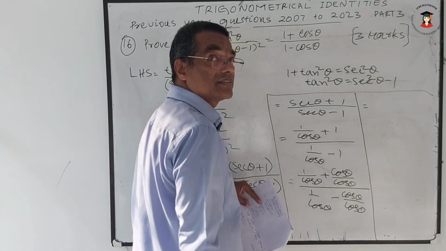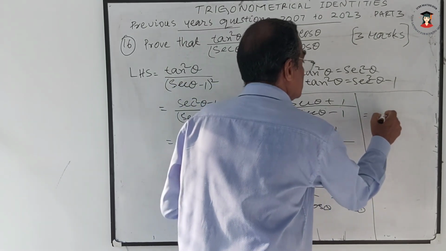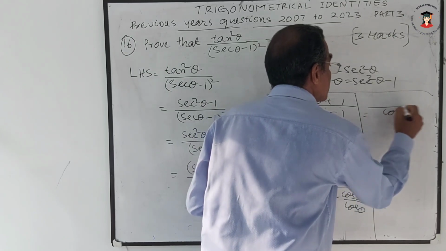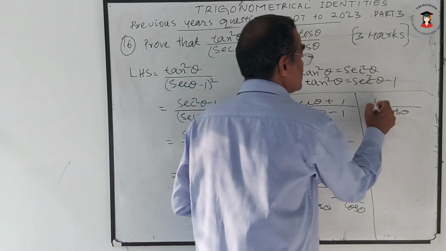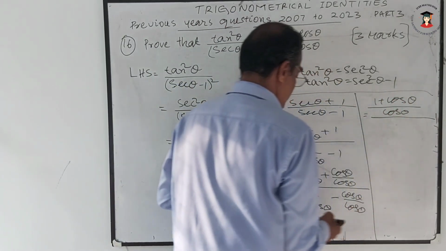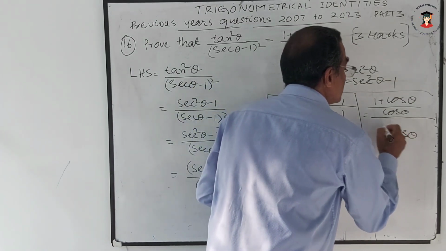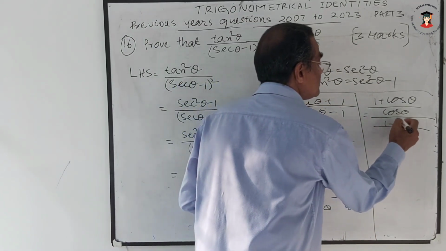Since the denominator is the same, I can take a common denominator cos theta, and the numerator will be 1 plus cos theta, divided by, again with common denominator cos theta, in the numerator we get 1 minus cos theta.